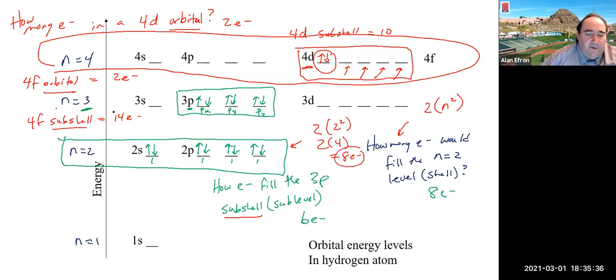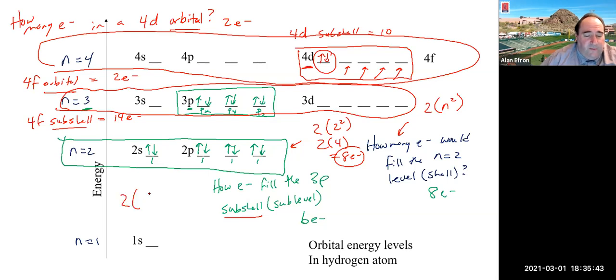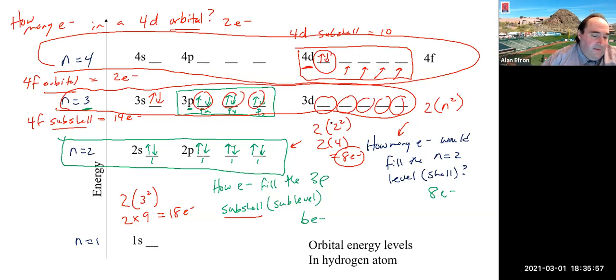For the third energy level, it would be 2 times 3 squared. 3 squared is 9, and 9 times 2 is 18 electrons if you filled up everybody: 2, 4, 6, 8, 10, 12, 14, 16, and 18. So this is a good quick way to calculate the maximum number of electrons to fill up a particular level or shell. Any questions on that?